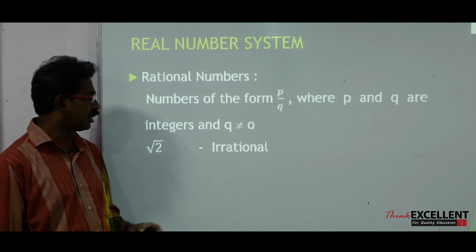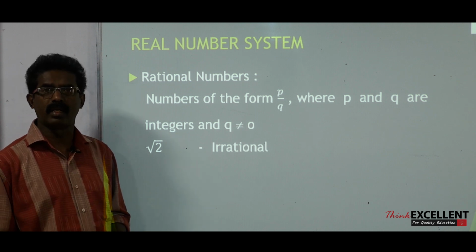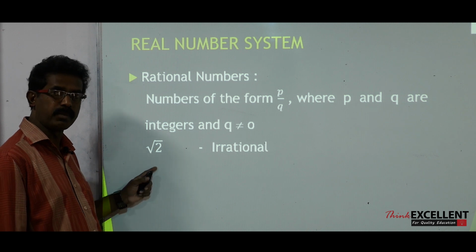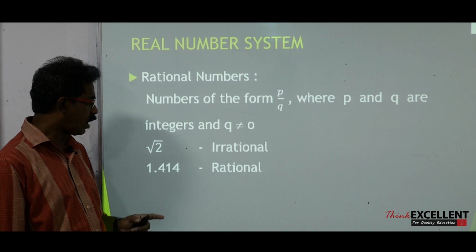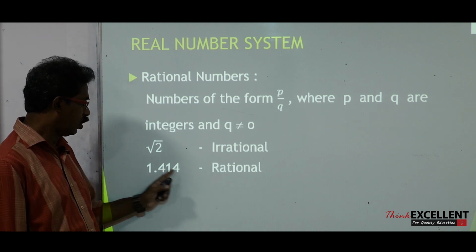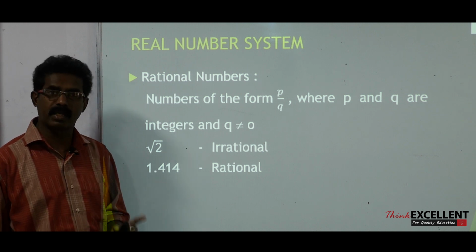Root 2 is an irrational number. You can write root 2 as root 2 by 1, but root 2 is not an integer. You can write it in P by Q form, but P is not an integer, so it is an irrational number. 1.414 is rational because it is terminating. For root 2 we assume the value is 1.414, but that is only an approximate value.